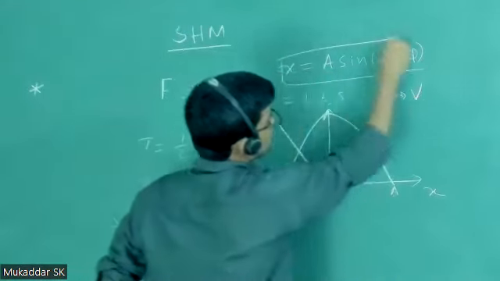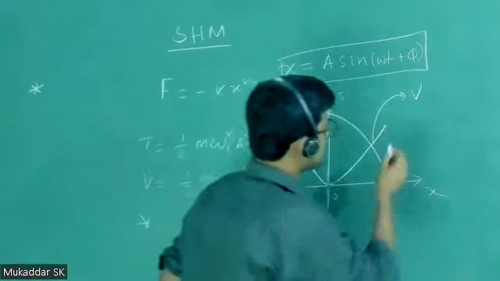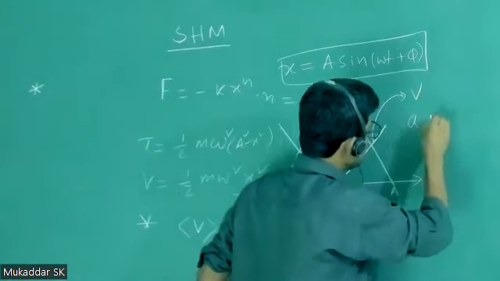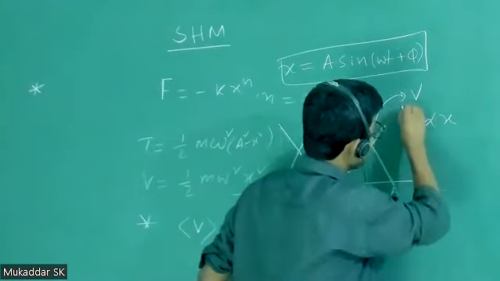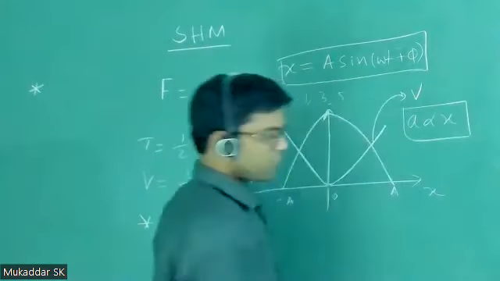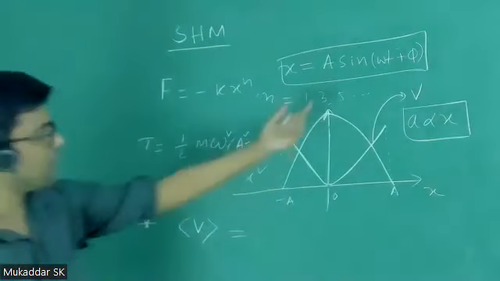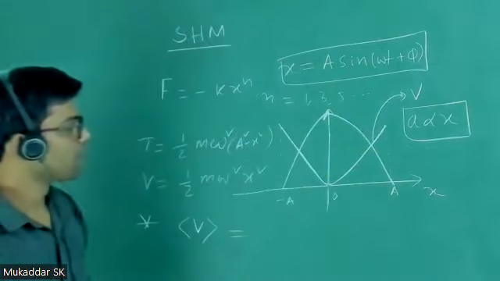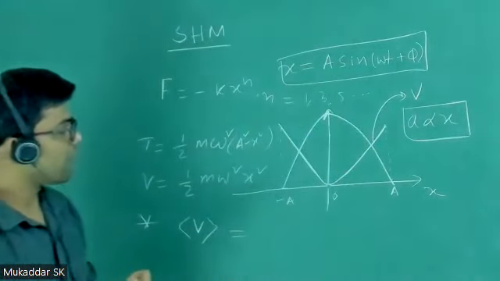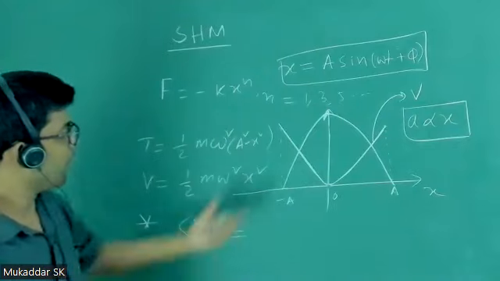You can take cos also, not a problem, because as you have seen, for any simple harmonic motion, the acceleration should be proportional to displacement. That is the criterion to check the solution. You can take cosine also, you can take sine also. So I have taken a sin omega t plus phi. This is the general solution.